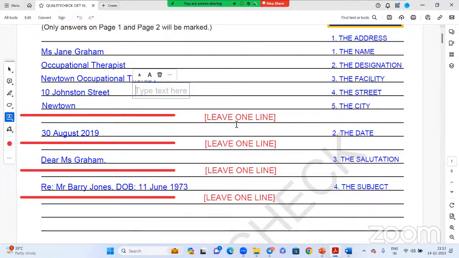Next one. Leave one line after the first component. Then you'll write the date, 30 August 2019. Then you'll write the salutation, dear Miss Graham. Then leave one line. Then regarding Mr. Barry Jones, date of birth, 11 June 1973.